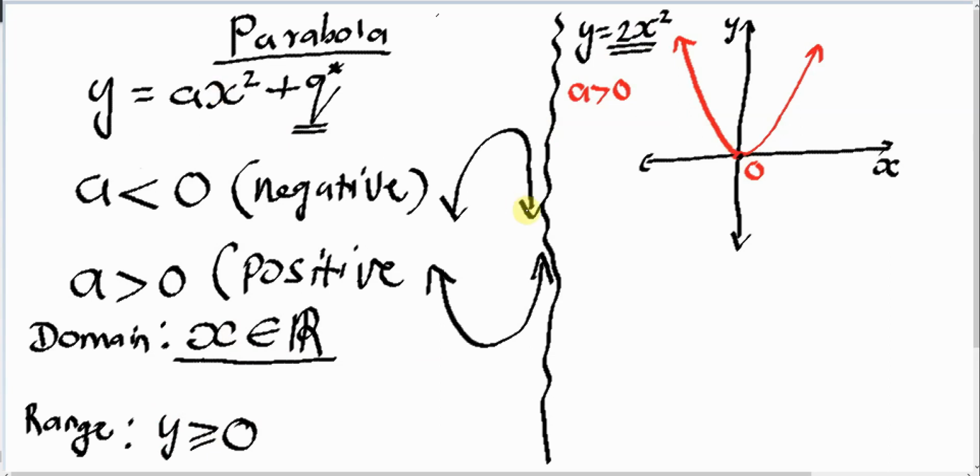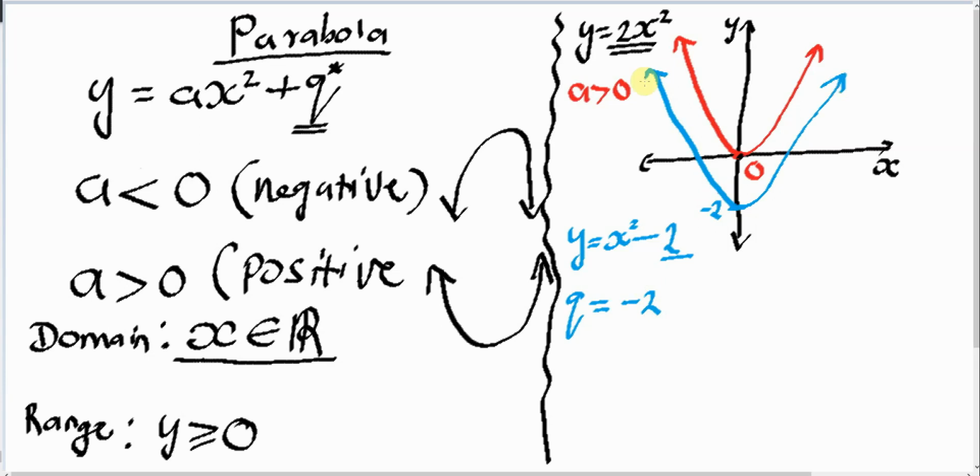But if I have a different graph, which is y equals x squared minus 2, this means that here the value of q is equal to negative 2. If I sketch the graph, your graph will have a turning point at negative 2, and then it will go and turn right there.